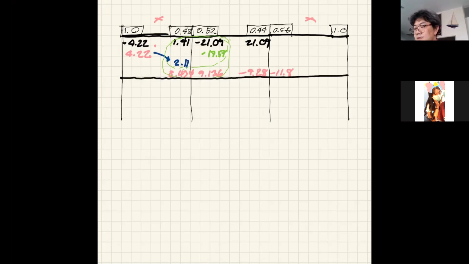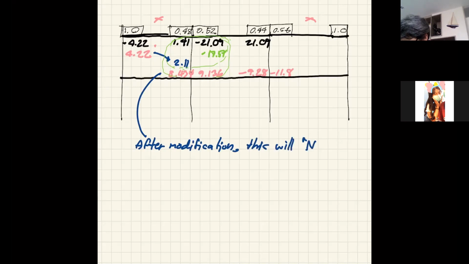Okay, and the next one is the important one, because it just goes to show that after modification, this will not be carried over. Okay, you're done with that.